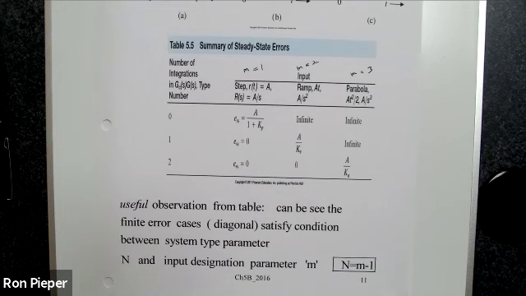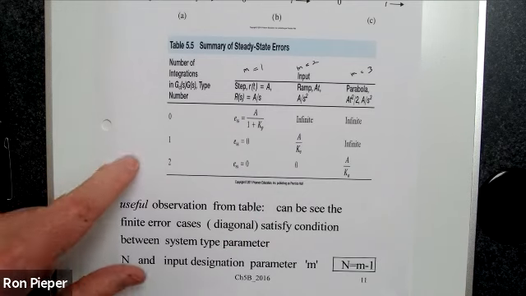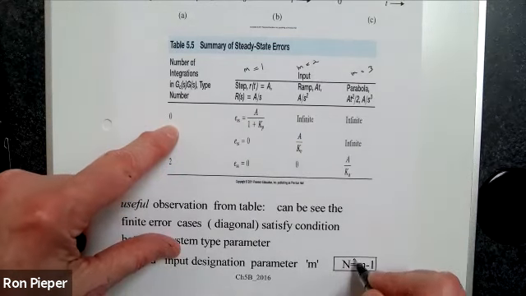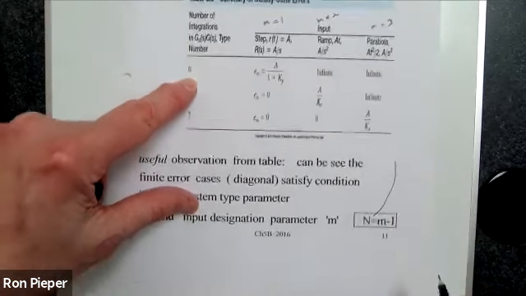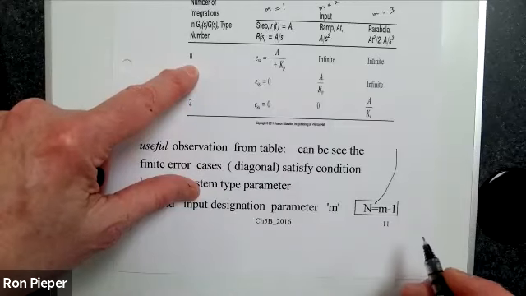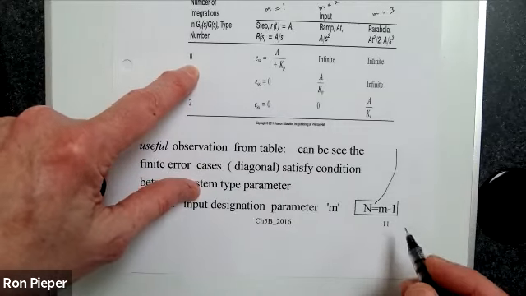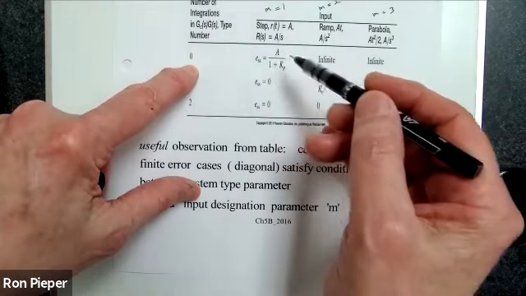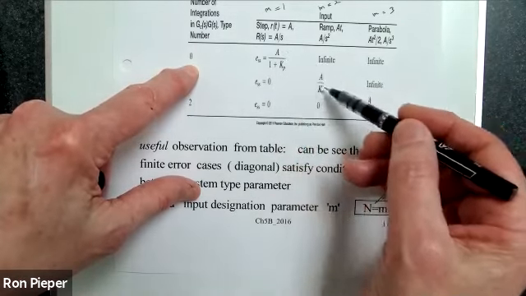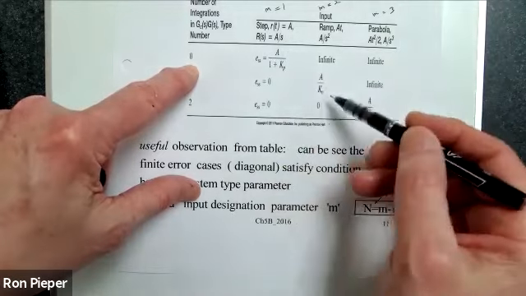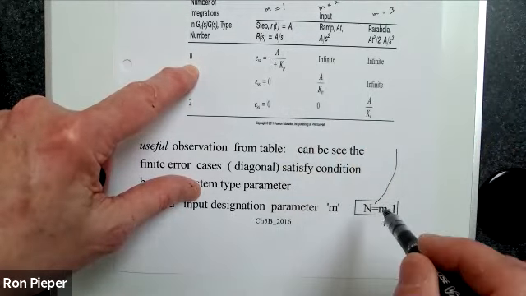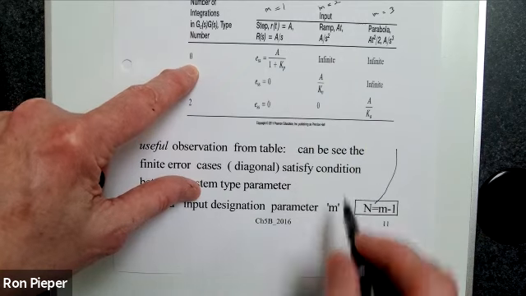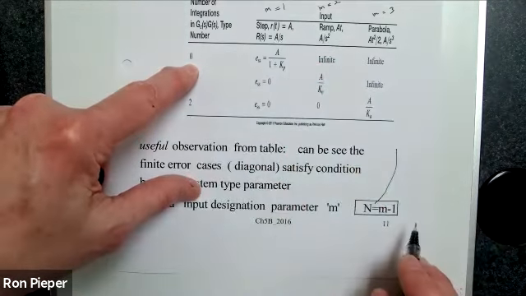Because if we see, and I contend the condition is this one, n is equal to m minus 1. I'm just going to throw that out as the condition that if you look at the situation on the diagonal, every one of those diagonal entries will be compliant with that rule. Let's check these.